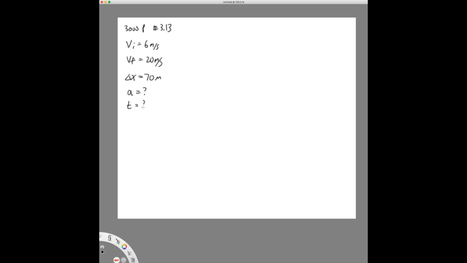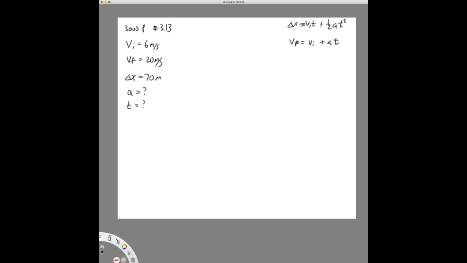Now let me put our master equations up again. Delta x equals V initial T plus 1/2 AT squared. V final equals V initial plus AT.